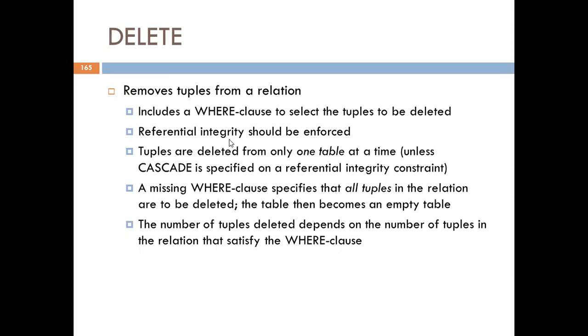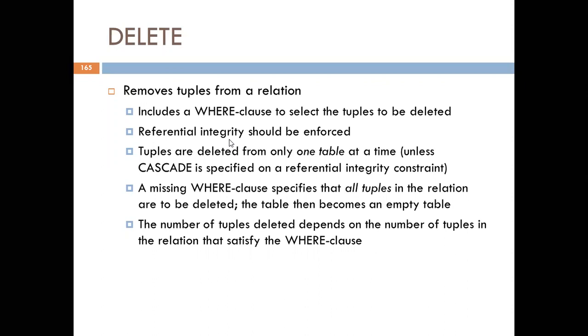Then we would have written on cascade, or on cascade set null, on cascade delete, on cascade default. So whatever we have specified, according to that, the data can be modified in the child table also.